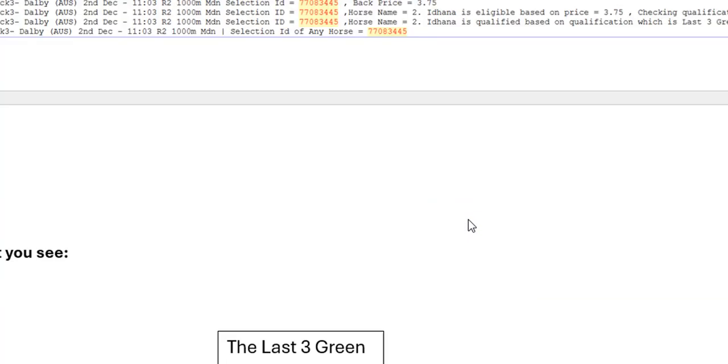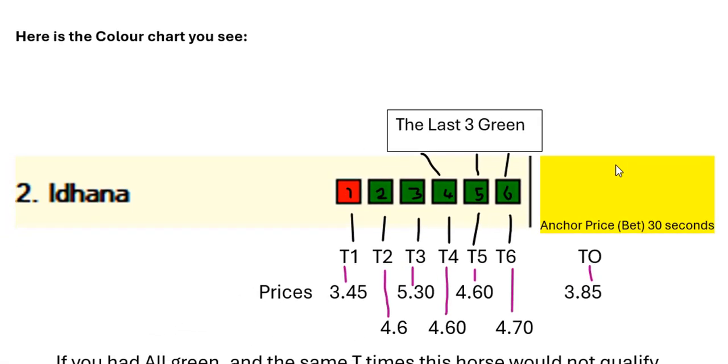So we come down to the colour chart here, and Idana is the horse we're looking at. The T1 price, our 12-minute price, is here. This is our T2, our T3, T4, T5, and T6. And then the anchor price, our T0 price, is when the bet is going to be actioned.